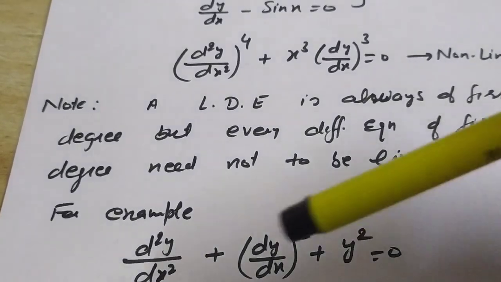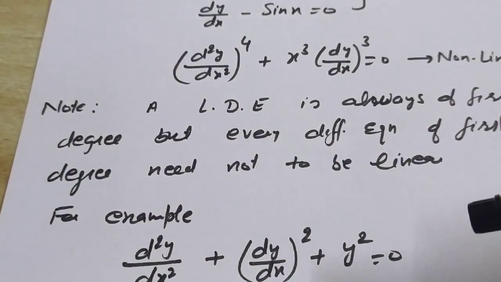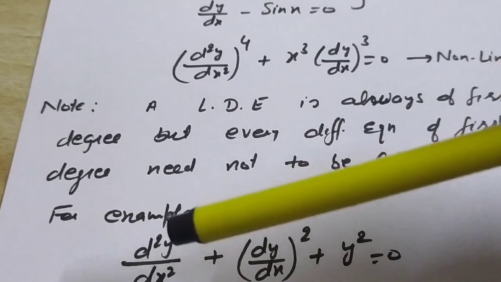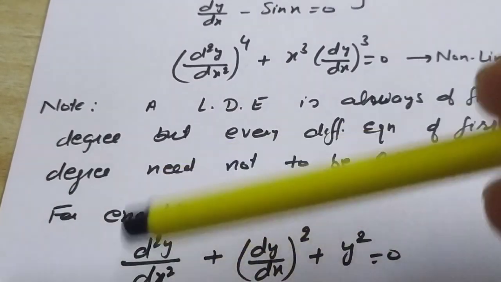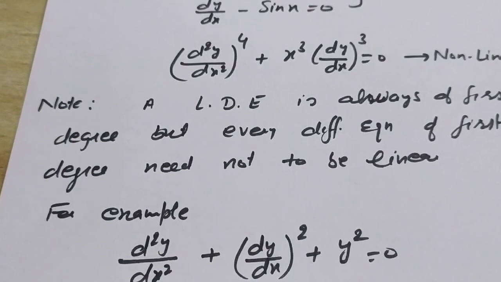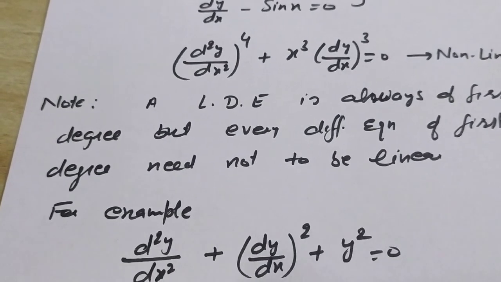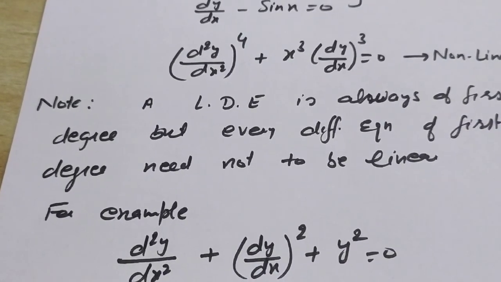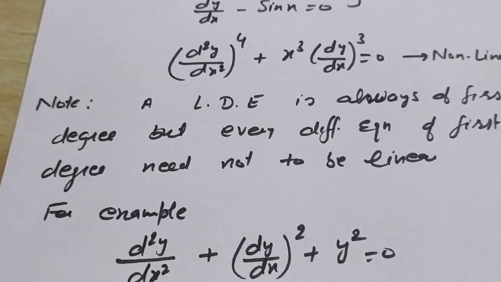For example, in this equation, here you see that degree is 1 because the power over d square y by dx square is 1. Therefore, degree is 1, but you can't say that this is a linear differential equation because here the differential coefficient dy dx are multiplied together and having power 2.